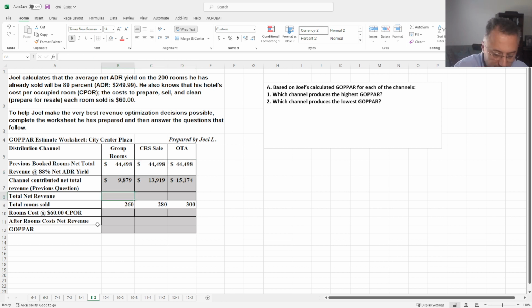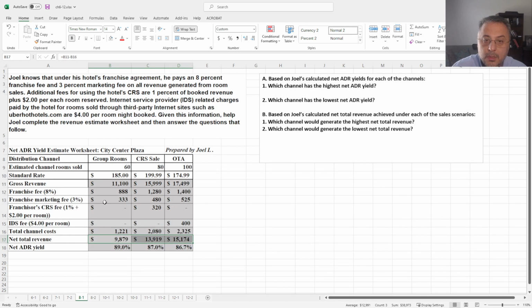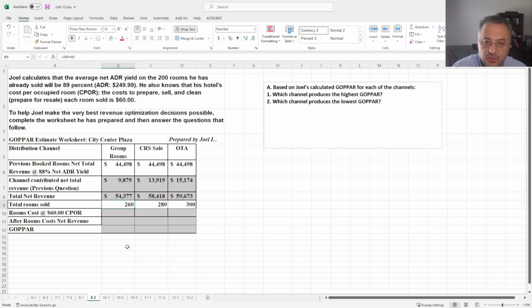Now, total net revenue is going to be adding basically this and this one. So this is the total net revenue. If you recall, we got 60, 80, and 100 rooms sold with different distribution channels. That's where the numbers come from, because Joel sold 200 rooms, and 60 came from group rooms, 80 came from CRS, and 100 from the OTA.